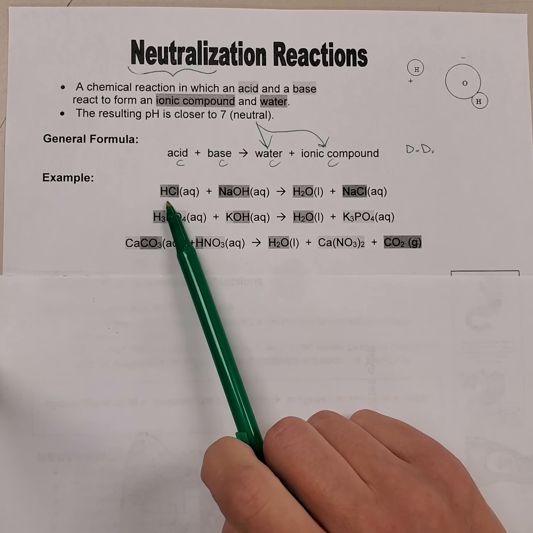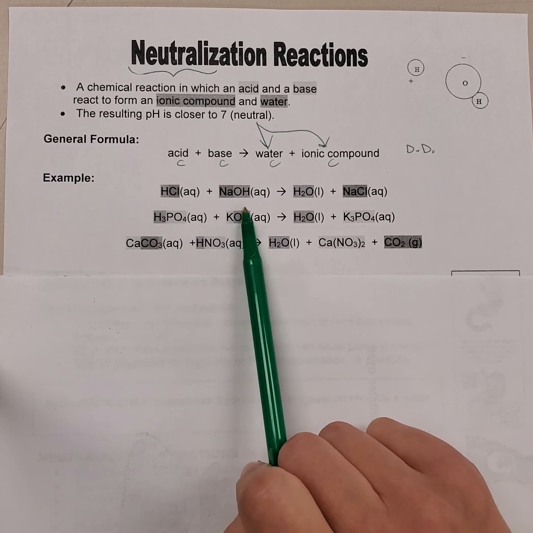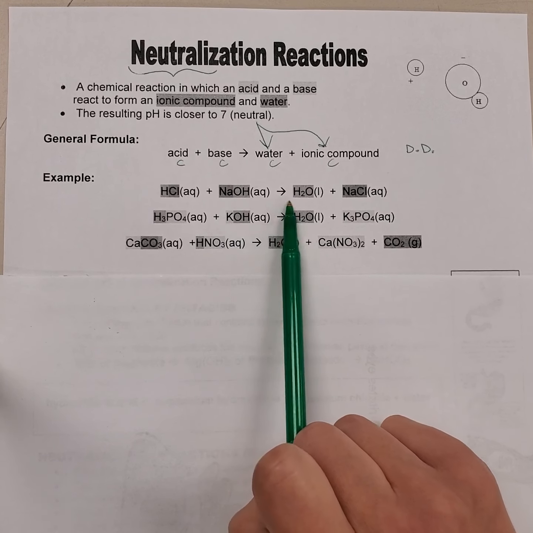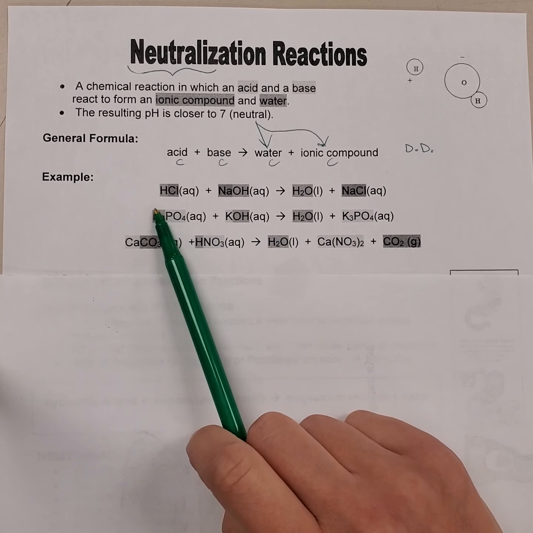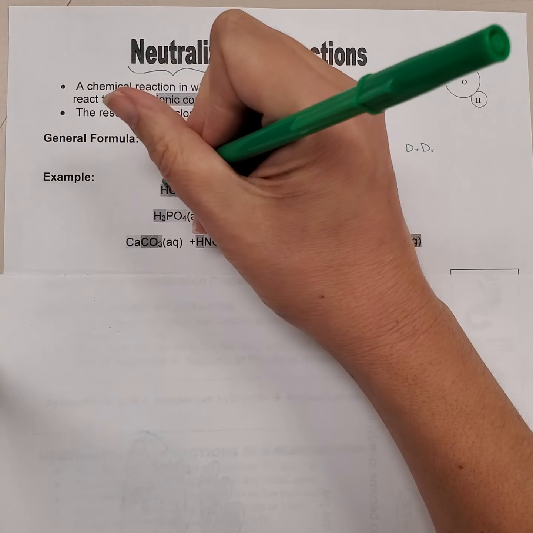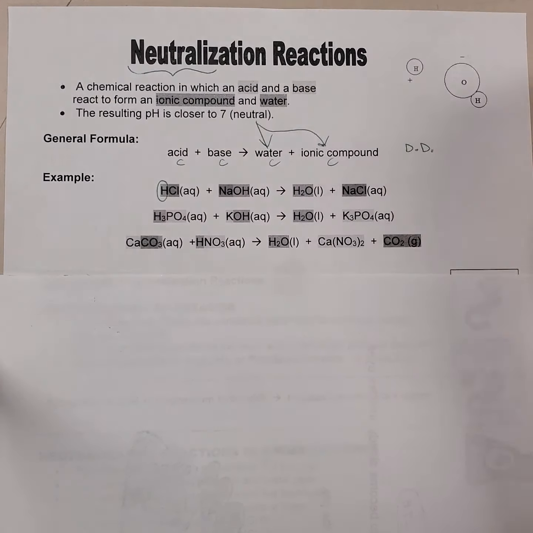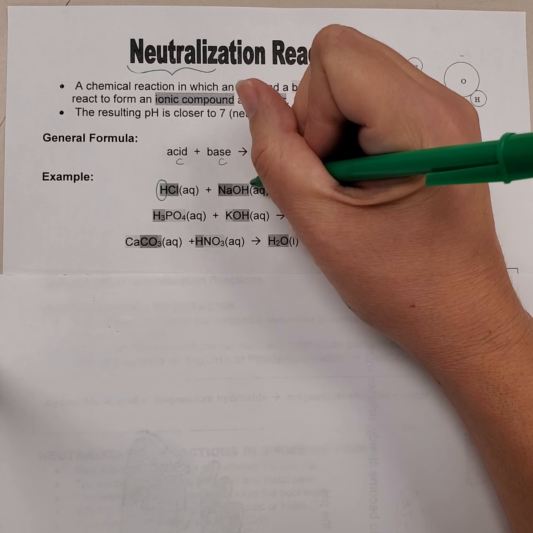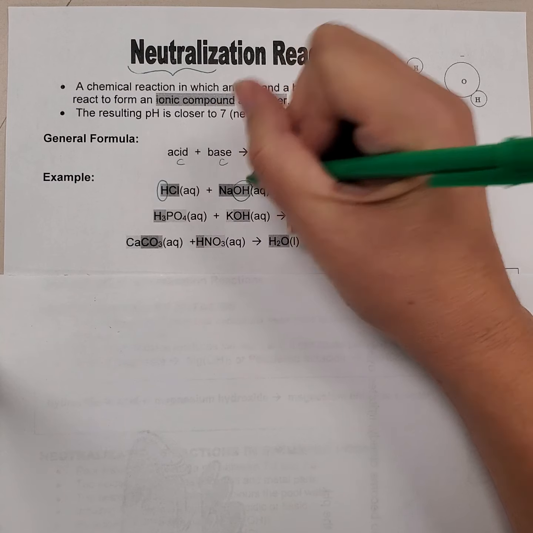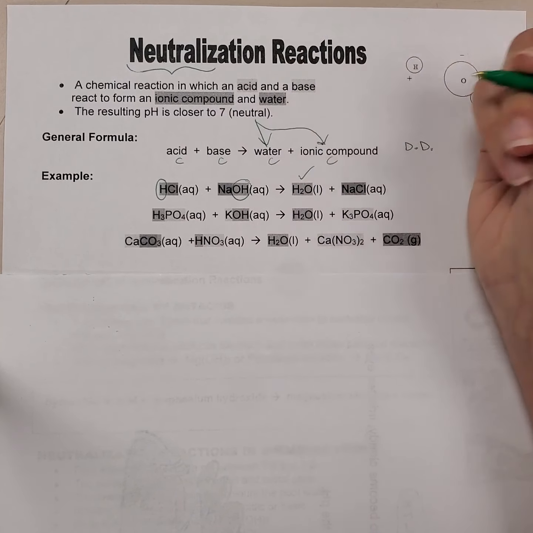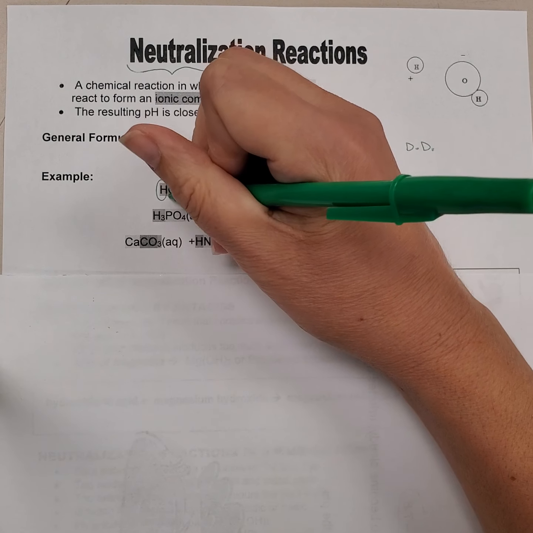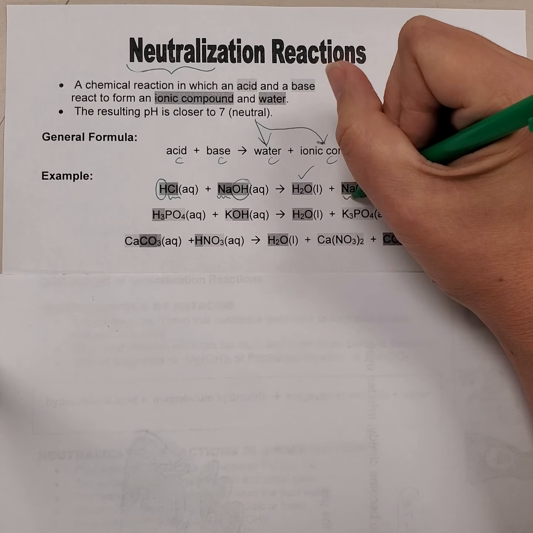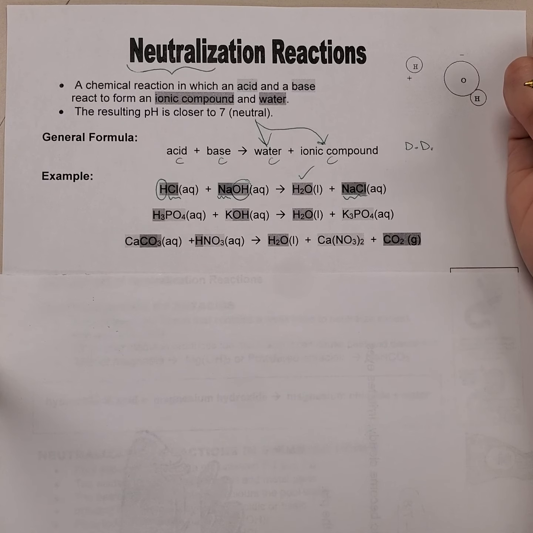In this one, we've got hydrochloric acid plus sodium hydroxide producing water and sodium chloride. The hydrogen from the acid is going to bind to the hydroxide of the base to produce water. What you're left over with is a sodium and a chlorine, and that's what produces the ionic compound.